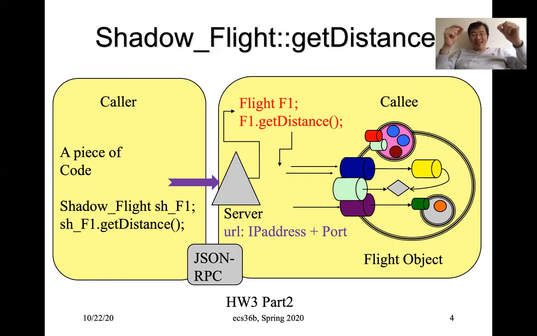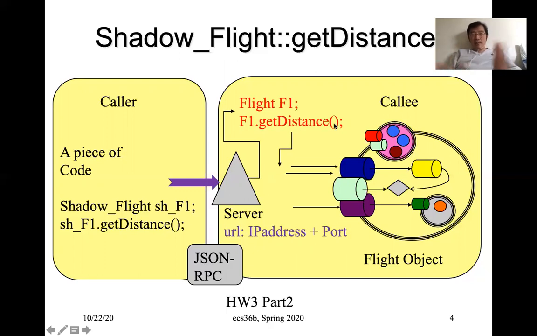Basically, the server needs to look at the RPC attributes and find out what the class ID and object ID are. Using these, I will be able to know that this particular call is for this particular object, Fly f1. Once that is bound, it will call this function with whatever argument parameters are also delivered through this call to f1.getDistance.